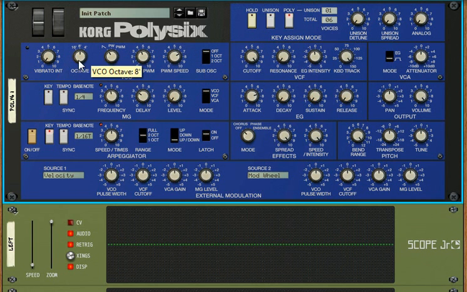Just looking at this oscillator, I can change the octave, so I can double the frequency by going from an 8-foot to a 4-foot, or half the frequency to the C below by going to the 16-foot. The 4-foot, 8-foot and 16-foot hark back to the old pipe organ days, where you had a 4-foot pipe, an 8-foot pipe and a 16-foot pipe. The longer the pipe, the lower the frequency, the deeper the tone.